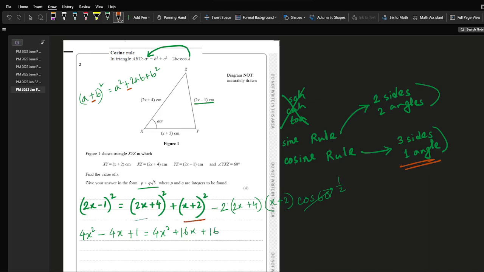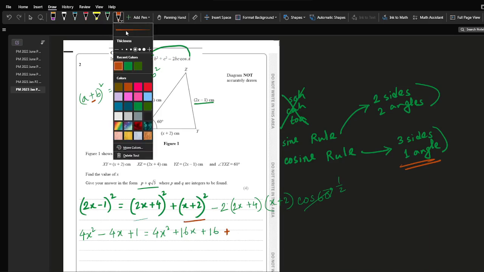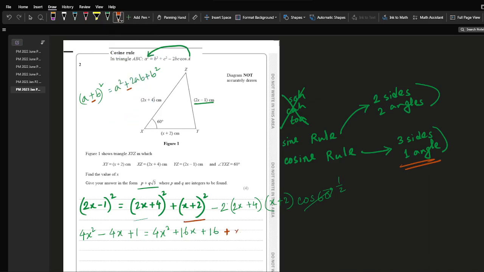Now for this one, x squared plus 4x plus 4 minus 2 into 2x times x is 2x squared, 2x times 2 is 4x, 4 times x is 4x, 4 times 2 is 8, and then we have half here, which is cos 60.